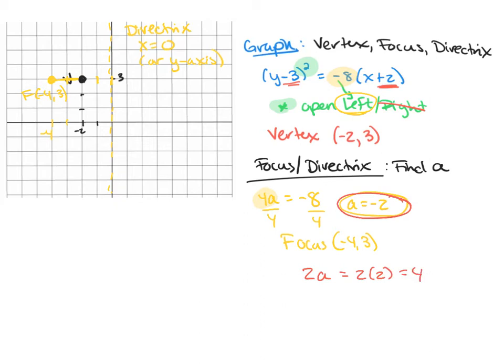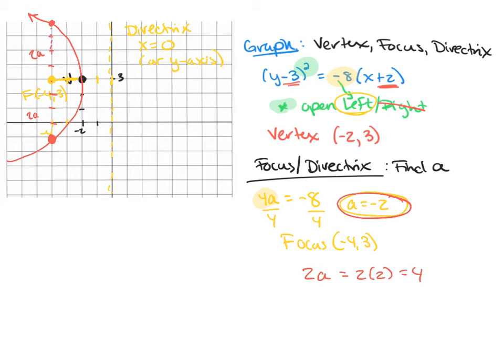We're going to travel 4 units on either side of the focus. So 1, 2, 3, 4. That's 2a. And the other way, 1, 2, 3, 4. That's also 2a. And I can draw my parabola through these points as well as possible.